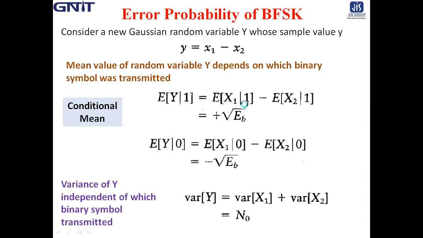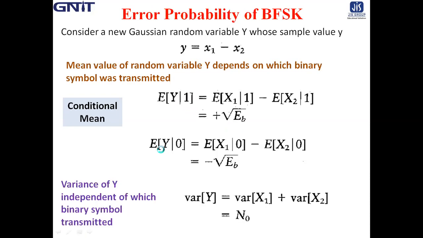The mean of the first term is plus root over EB, and the mean of the second term is 0. So expectation of y conditional 1 is plus root over EB.